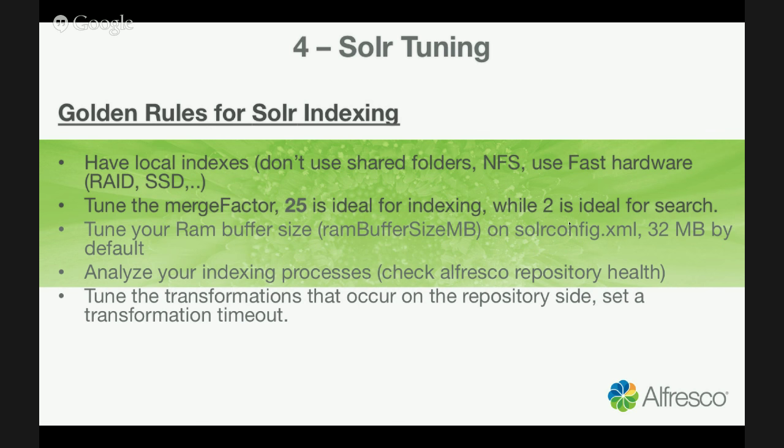So if we don't have a transformation timeout, setting one is a best practice that will guarantee that even if the transformer cannot do the full transformation, the thread will not be left hanging trying to do the transformation forever, but it will fall on the timeout and be released for further work.